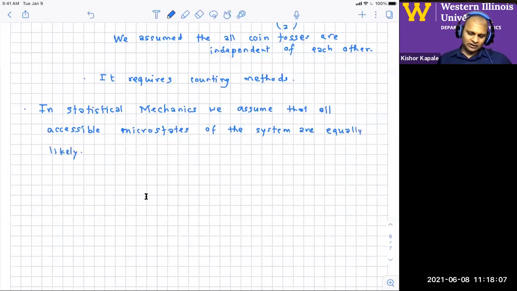So if there are W outcomes, then the probability is going to be 1 over W when you count the number of microstates.